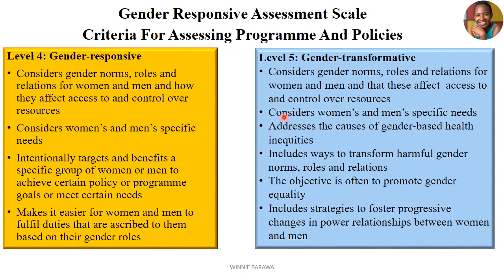It is actively considering women and men specific needs, and it is trying to address the causes of gender-based health inequalities or inequities. It is coming up with new ways to transform the harmful norms, roles, and relations. So the transformative level comes with solutions that are able to transform these harmful gender roles and relations.